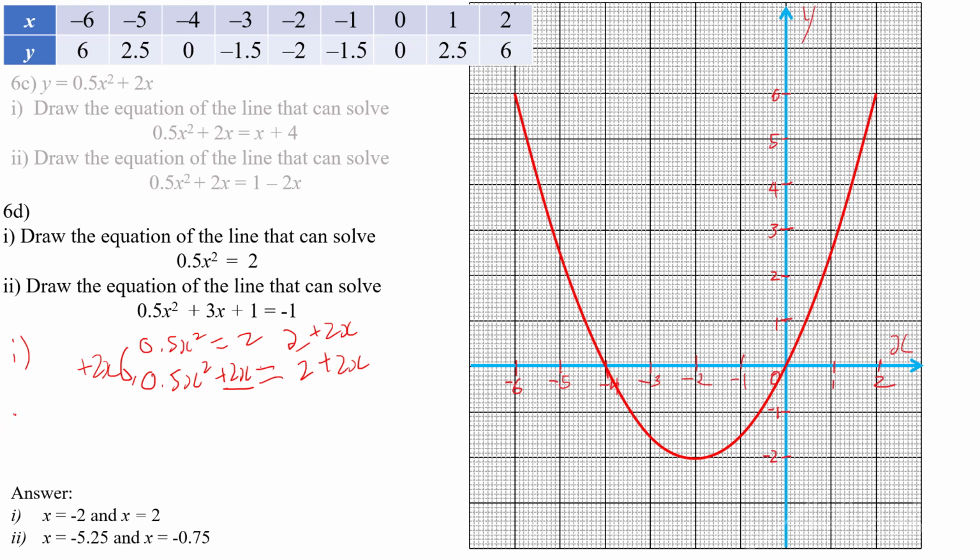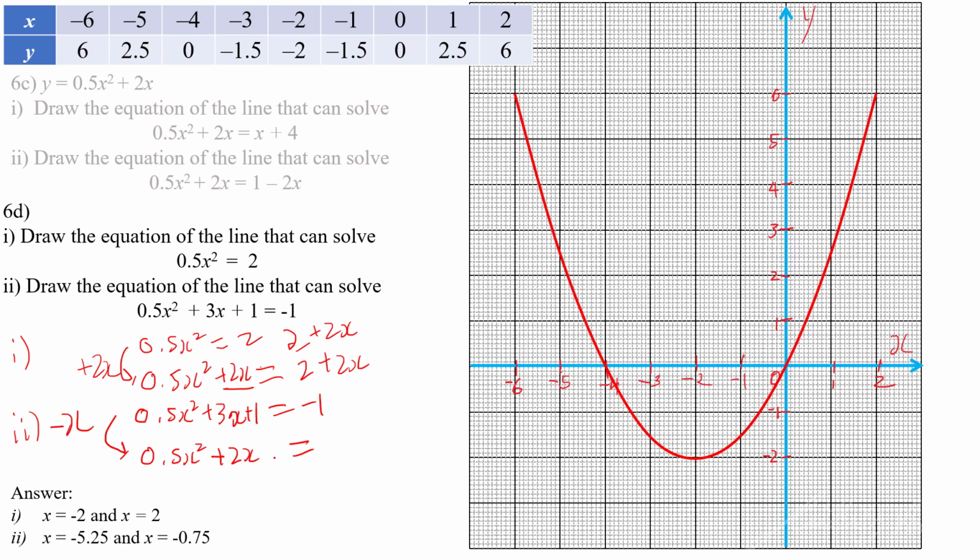For part 2, we need to convert 0.5x squared plus 3x plus 1 is equals to -1 into 0.5x squared plus 2x. So from 3x to 2x, I just need to minus x.